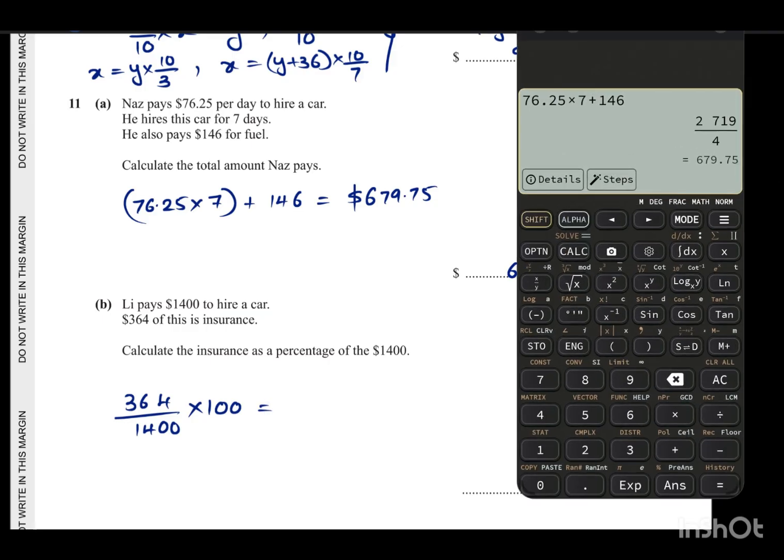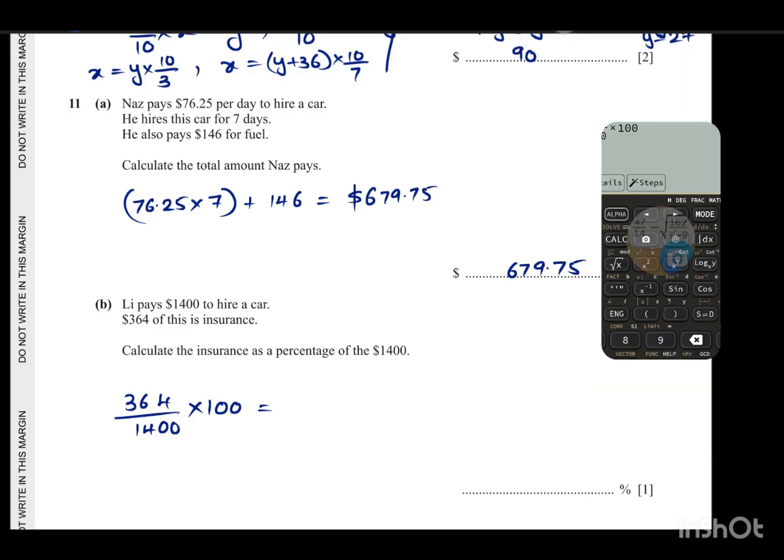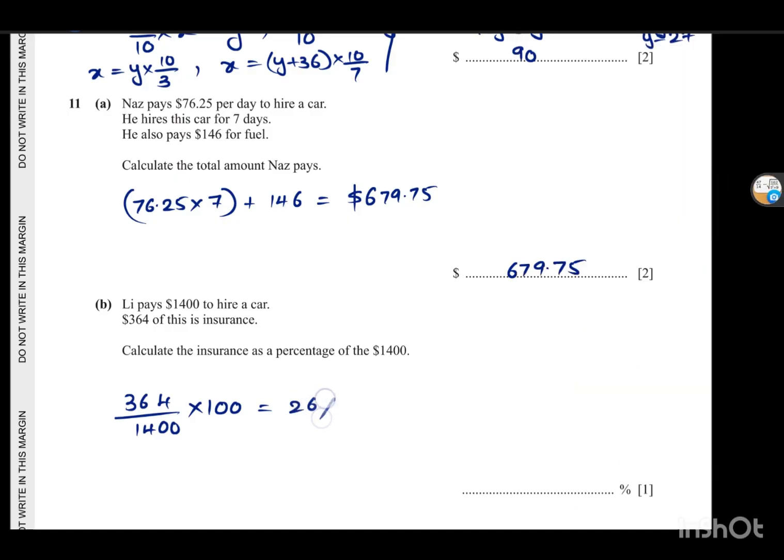You can do this in the calculator. 364 by 1400 into 100, you get 26. So 26% is the insurance amount percentage out of 1400.